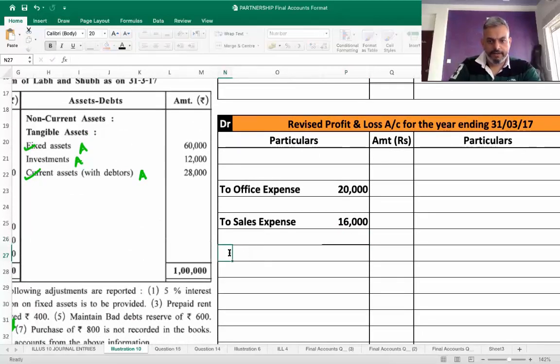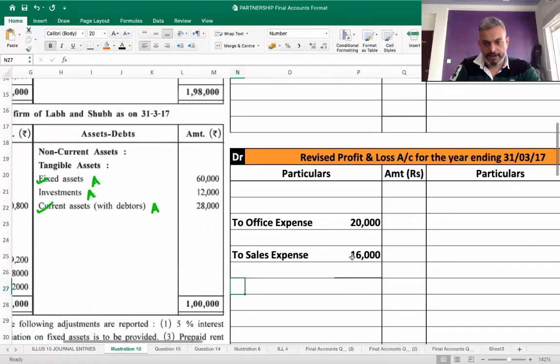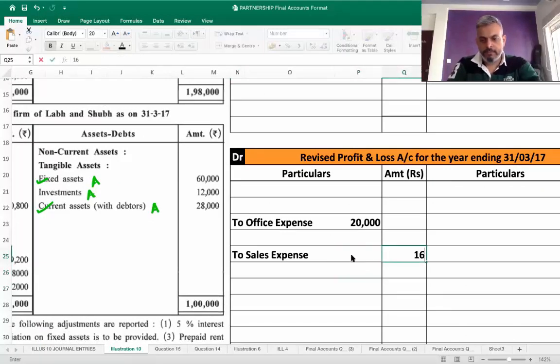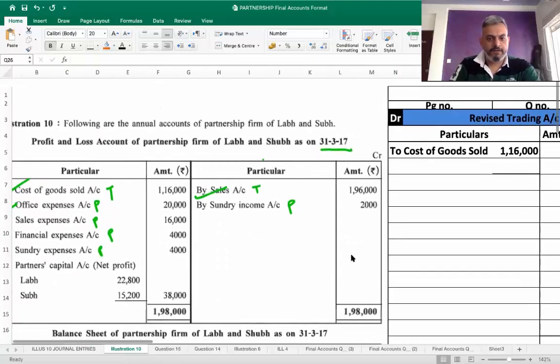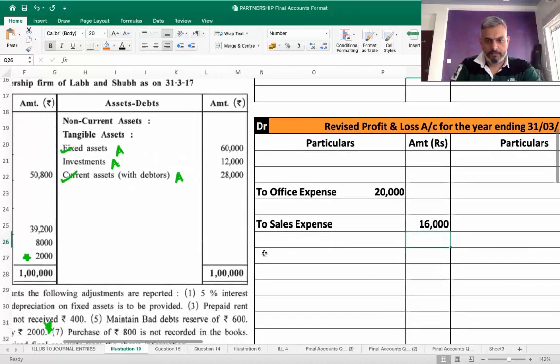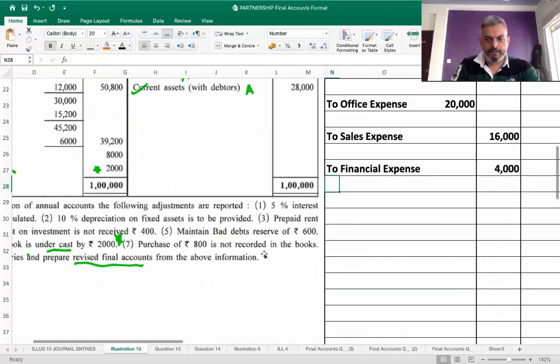Sales expense, I think there's no adjustment. So outer column directly. You don't need to underline. Financial expense 4,000. Sundry expense 4,000.